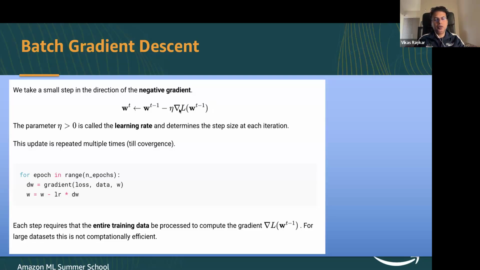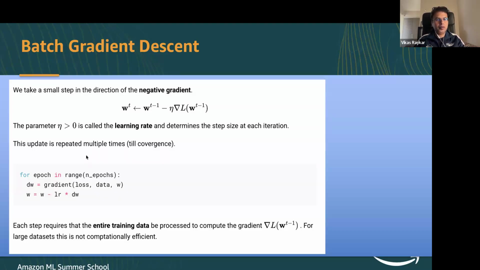This is your gradient at that time step, so I move in the direction of the negative of the gradient. The step size is controlled by the learning rate called eta. Eta greater than 0 is the standard learning rate and determines the step size at each iteration. We keep repeating this until convergence.